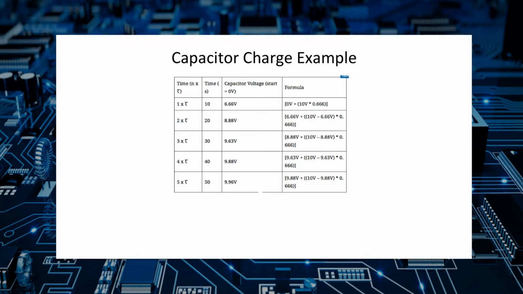In 20 seconds, 2 times tau, it charges to 6.66 volts plus the remainder, which is 3.33 volts. It charges up 66.6% of that, so a total is 8.88 volts. In 3 tau, 30 seconds, it charges to 9.63 volts. In 4 tau, it charges to 9.88 volts. And in 5 tau, or 50 seconds, it charges to 9.96 volts.